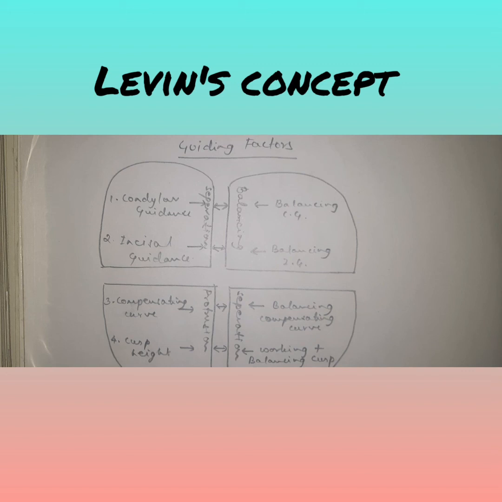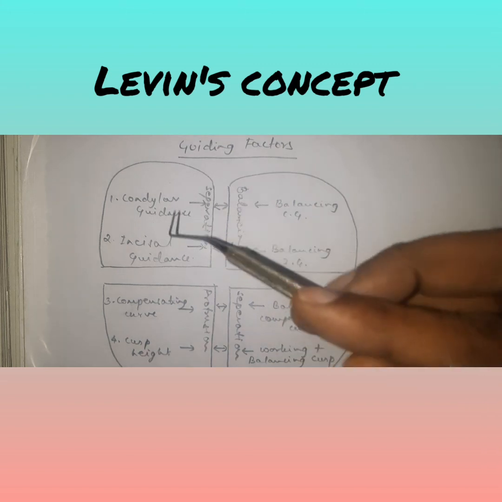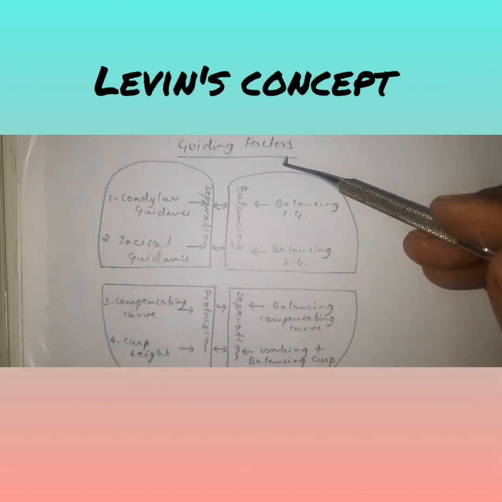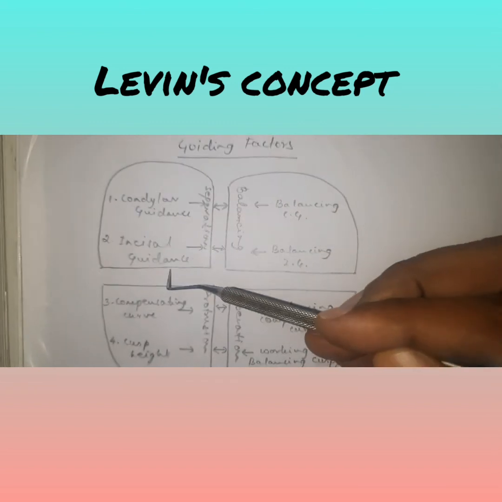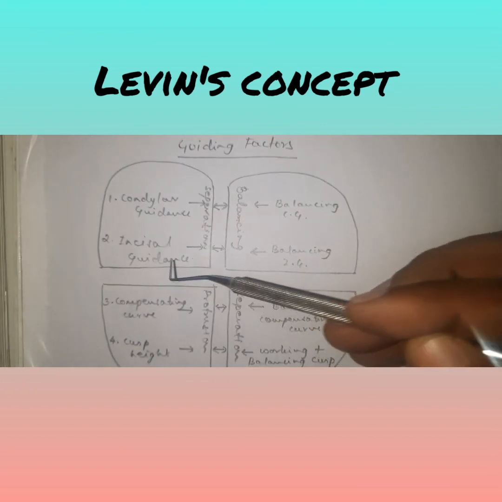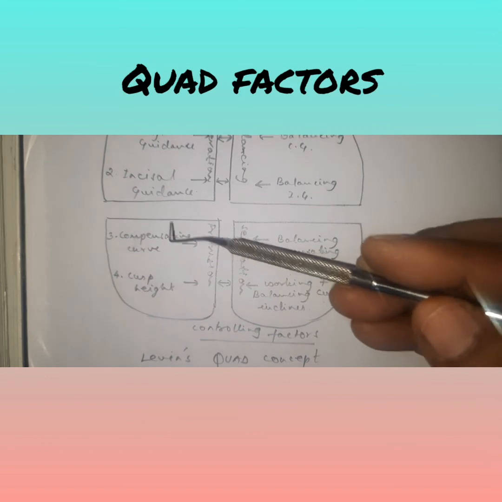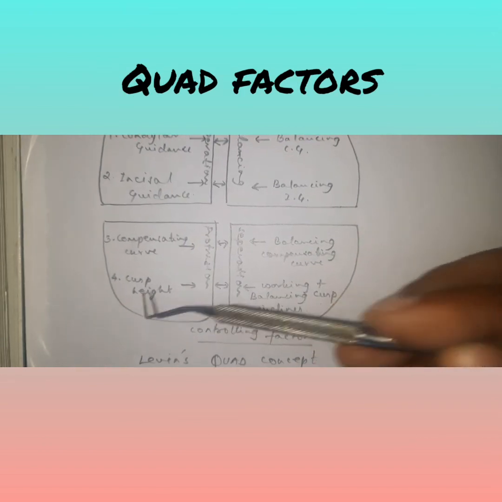According to him, the plane of occlusion can be slightly altered by 1 to 2 millimeters in order to achieve or improve the stability of the denture, and he named other 4 factors as chord factors. Like you can see, these are the guiding factors: condylar inclination, incisal guidance, and the controlling factors are the compensating curves and the cuspal heights. So these 4 factors are called the chord.